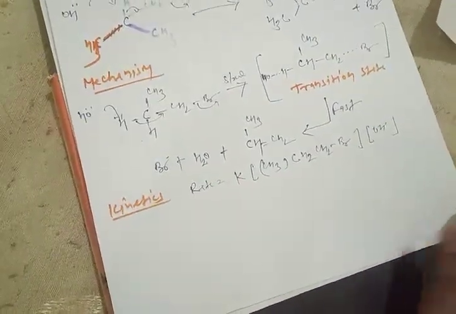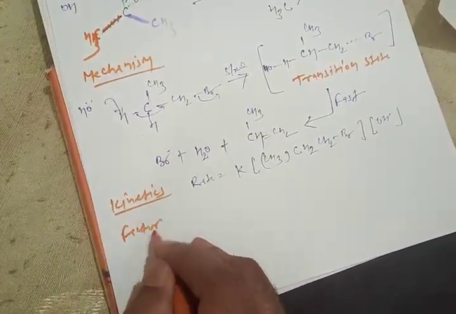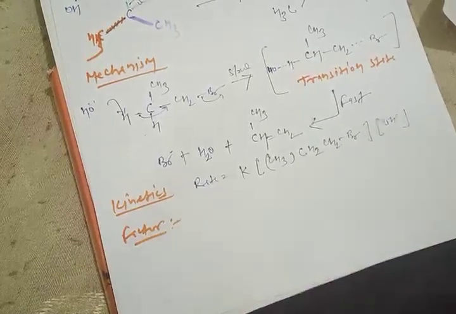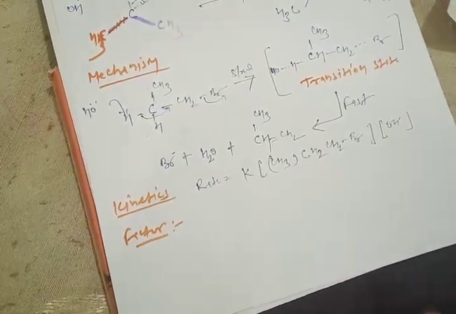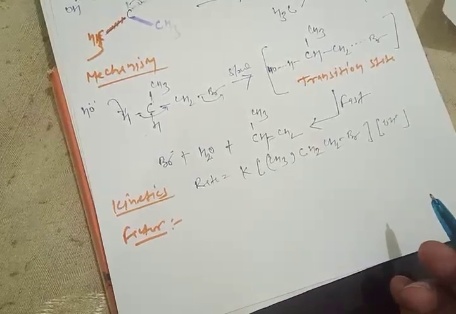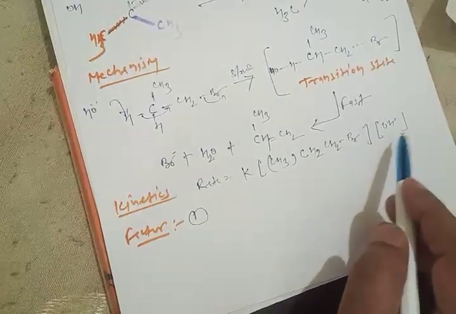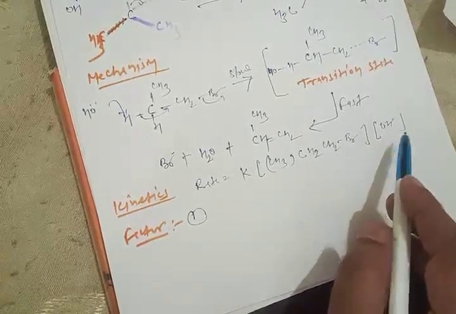So what are the factors? Let's discuss them. The rate of reaction increases as the concentration of base increases, because the base is also important in the rate of reaction.